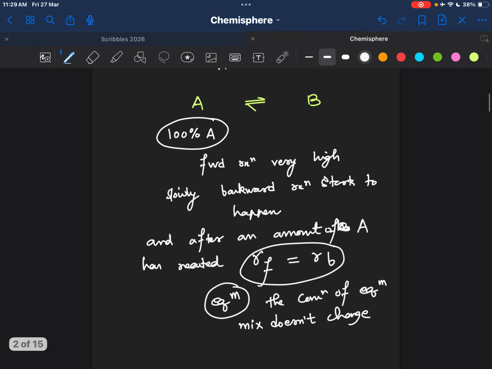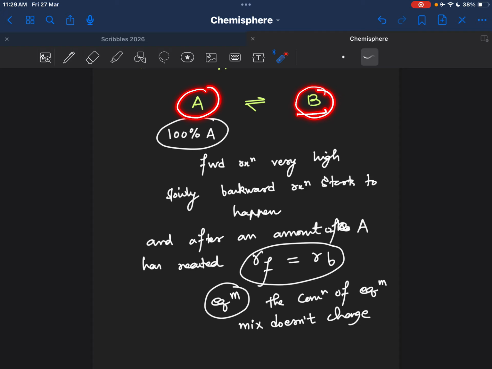So what is happening here? Initially you started with 100% A, and there was nothing of B, obviously. Initially the forward reaction will be very high because you have everything as A. After some time, the forward reaction produces some amount of B, and after some B has formed, that B will also start reacting to become A, because this is reversible.